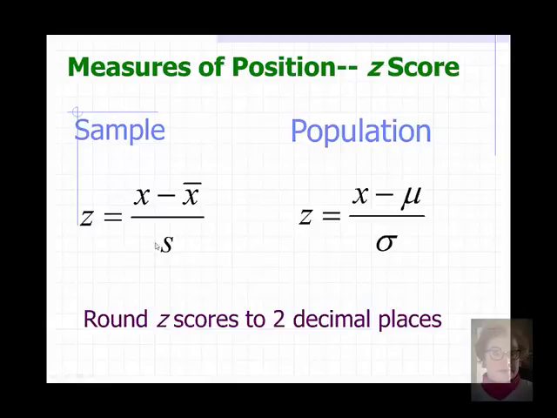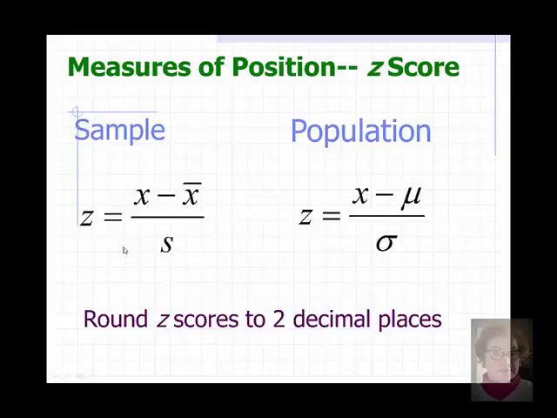When we do a z-score, we take our individual score and we subtract the mean, and then we divide it by the standard deviation to change it into standard deviation units. When our score is larger than the mean, we get a positive z-score. When our score is smaller than the mean, we get a negative z-score.